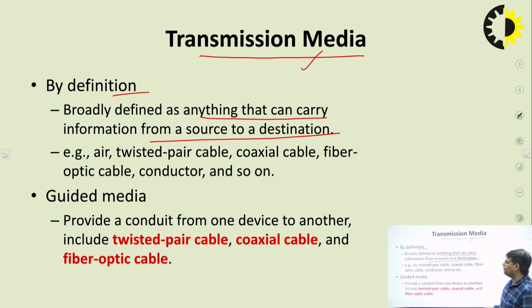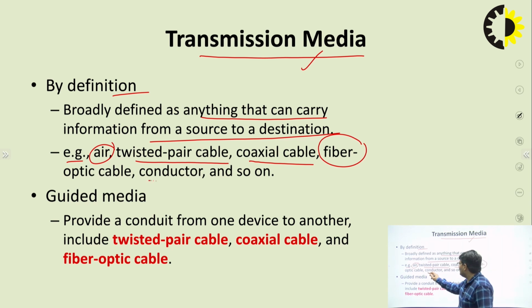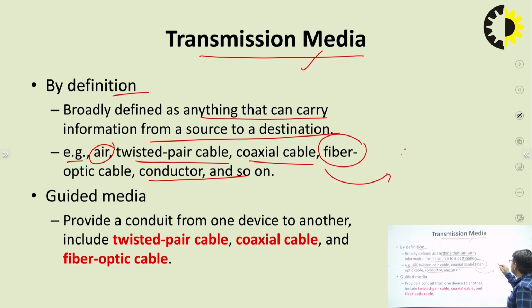Popular examples of transmission media are air in the case of wireless, twisted pair cable or wire, coaxial cable, and optical fiber. Any conductor can be used as a transmission media. Further, we will see that transmission media can be of two types: guided and unguided.